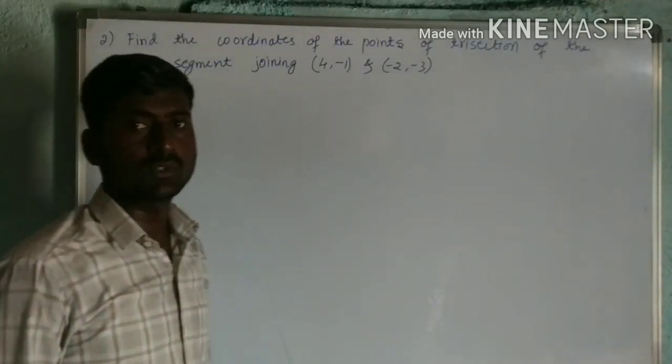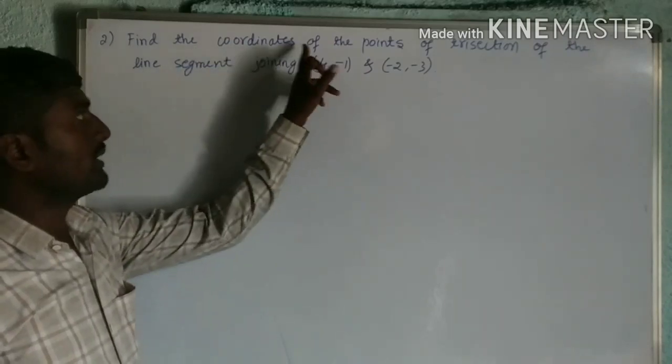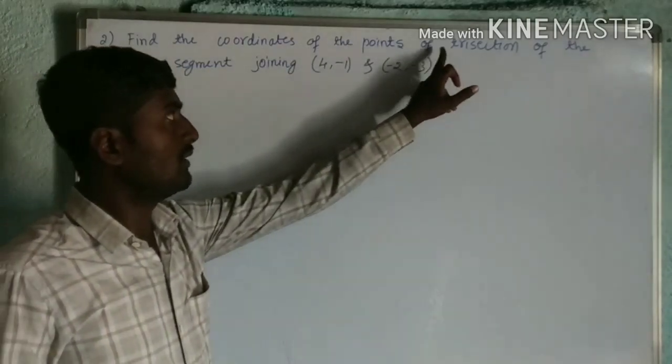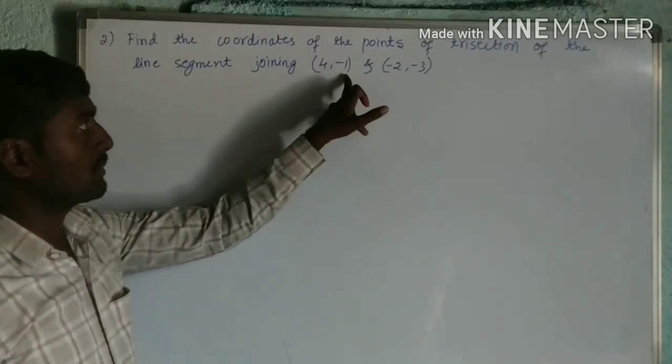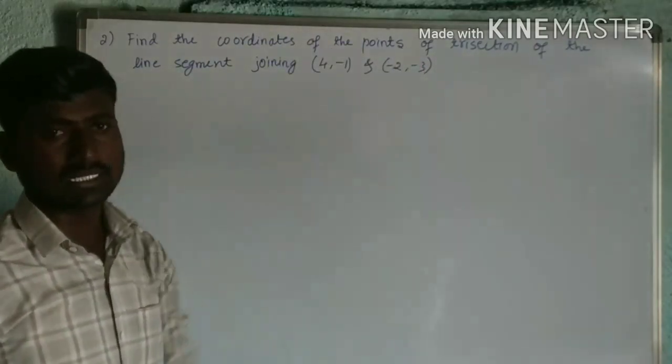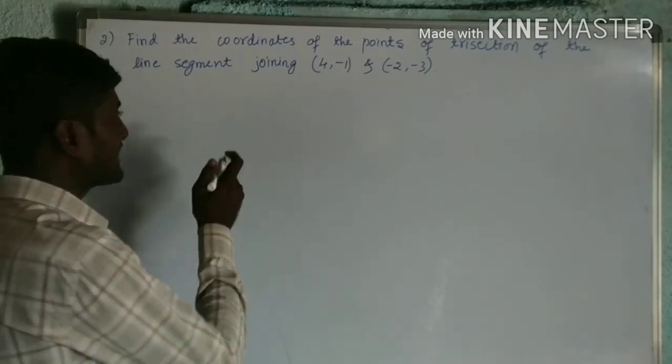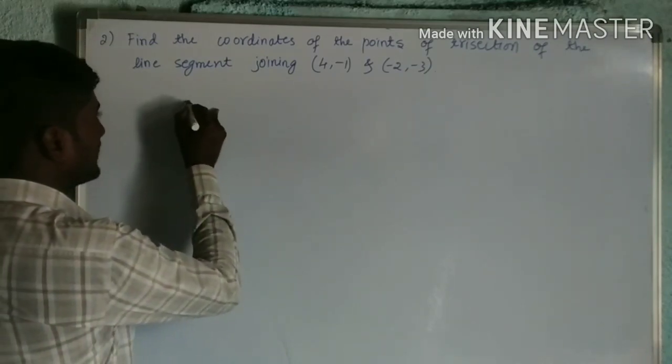Now next question. Find the coordinates of the points of trisection of the line segment joining points (4, -1) and (-2, -3). There is one line segment.